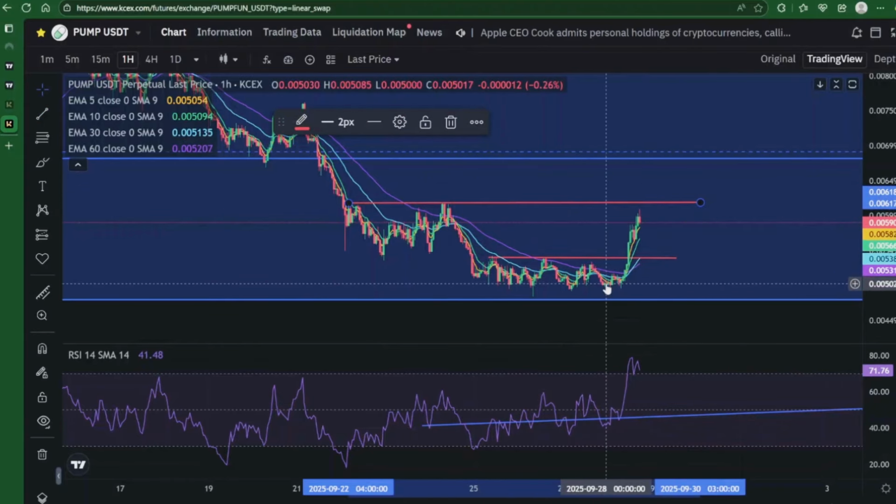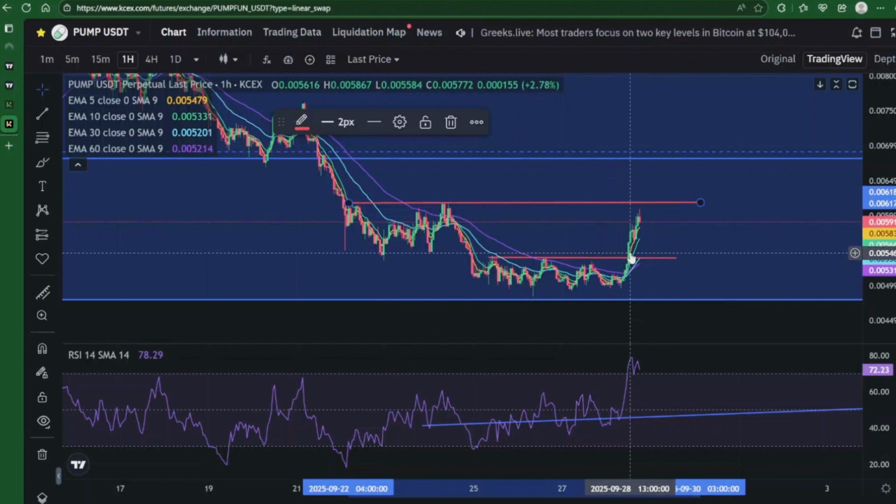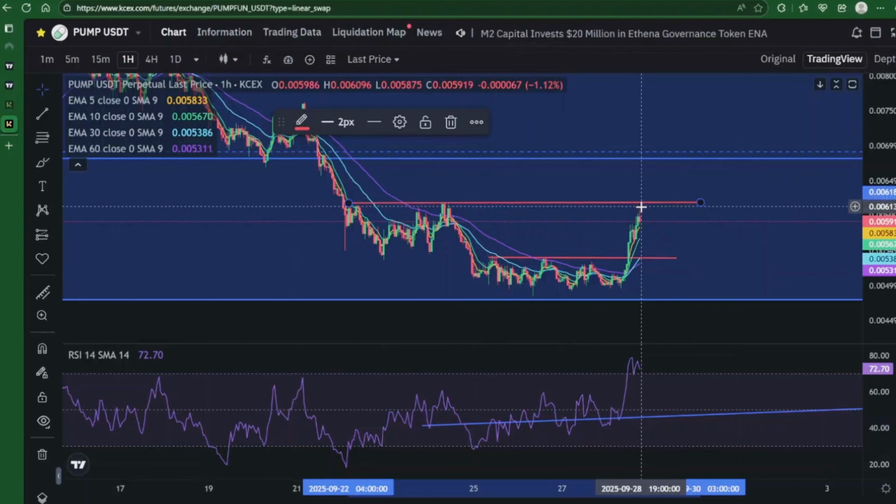So if I was aware and I got into this trade earlier, and we break through our first level of resistance, I'm now looking for my first level of take profit at this next area. This is another point of interest. So I'm not expecting us to blow through this.